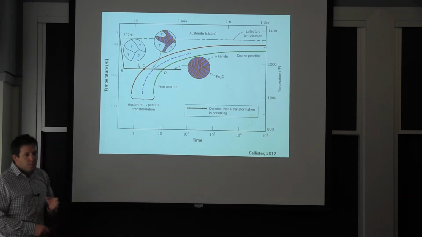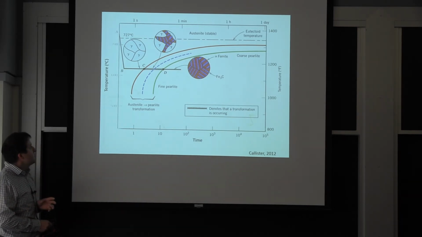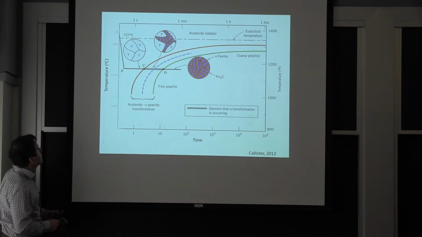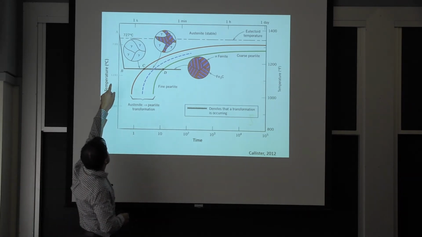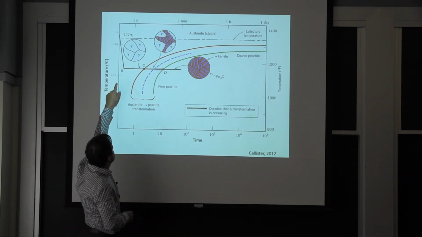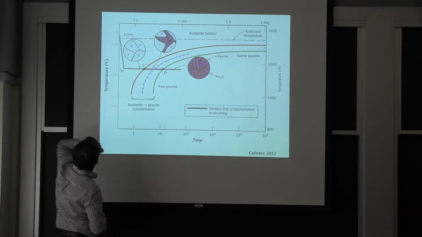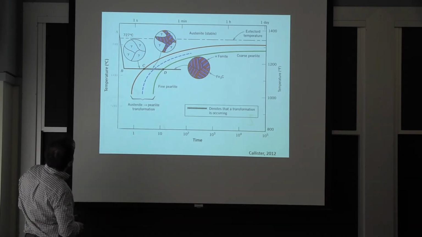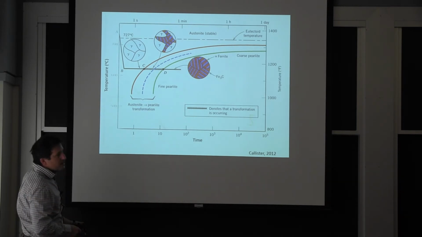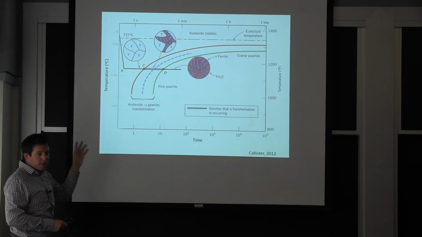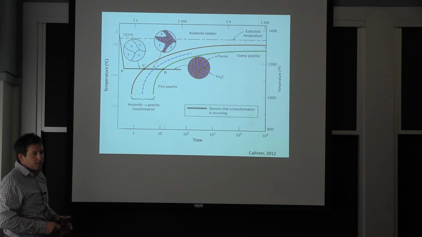Now, we're talking about relatively controlled cooling. So you go from the temperature A as an austenite, and then you're cooling back down to a constant temperature that's 620 right there, and you keep it there. That's not necessarily easy to do, so we're kind of having a little ideal situation here.